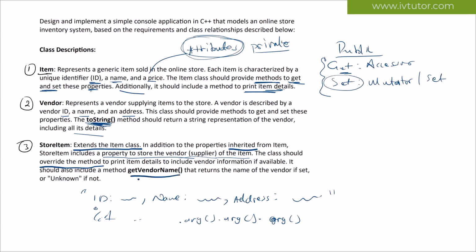So we've been given another one here that returns the name of the vendor if set or unknown if not. These details are about how we are going to implement this function. And there's a lot to discuss here. And let's start with one thing, extending the item class. What is this? And how does this concept work?